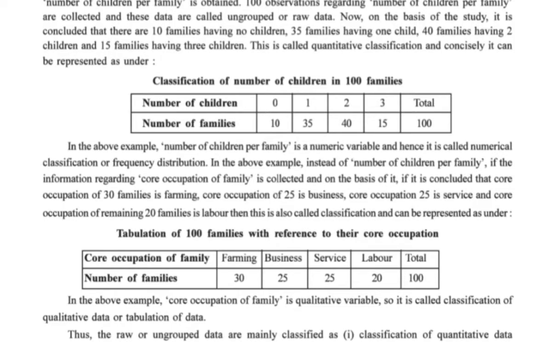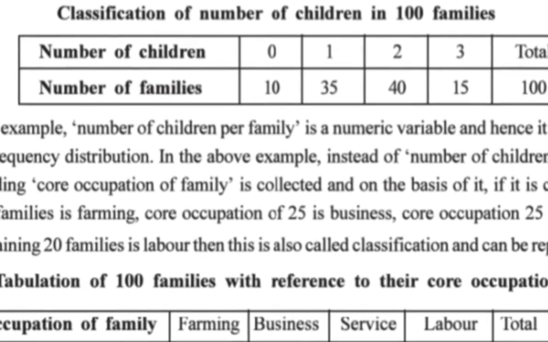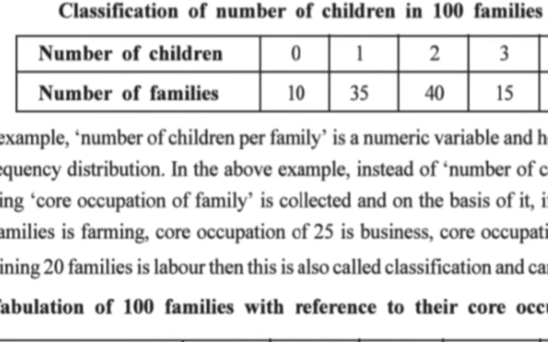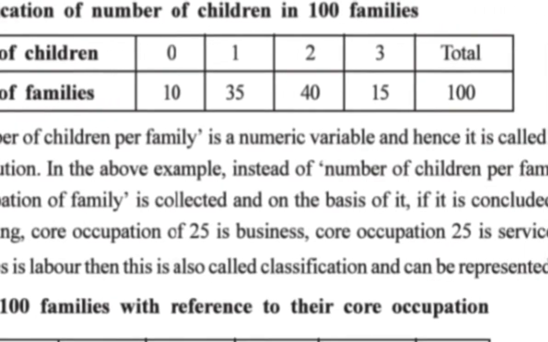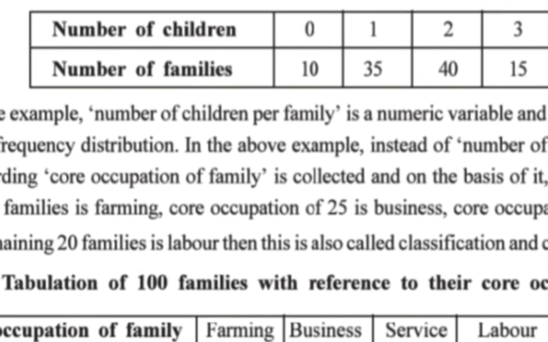Now, as we saw the reasons why the data are to be classified, here we shall discuss the types of classification. In the types of classification, we can see quantitative classification and qualitative classification. If we talk about classification of quantitative type, see the example given over here: classification of number of children in 100 families.